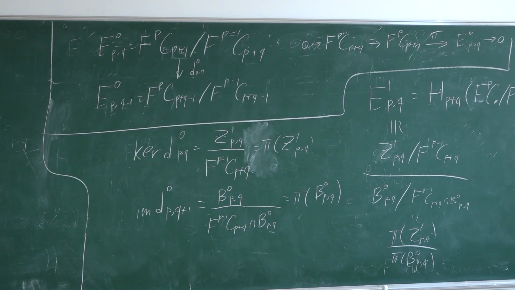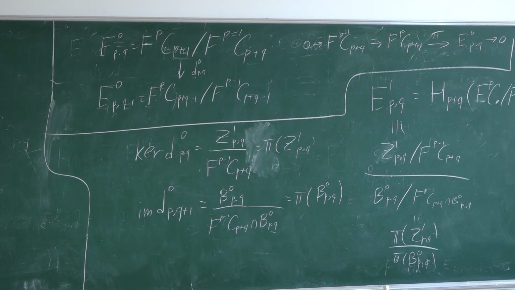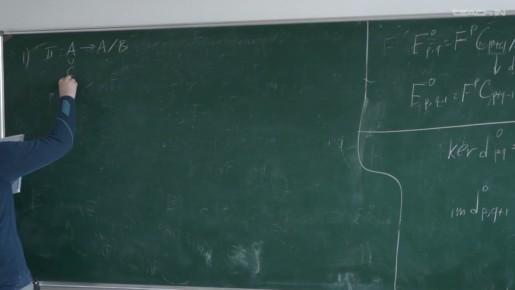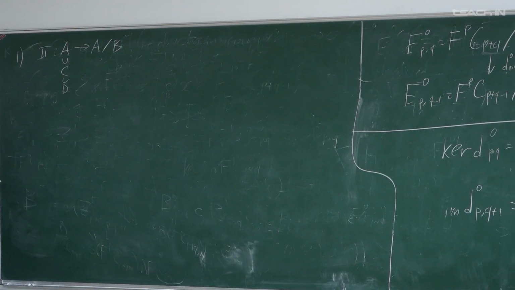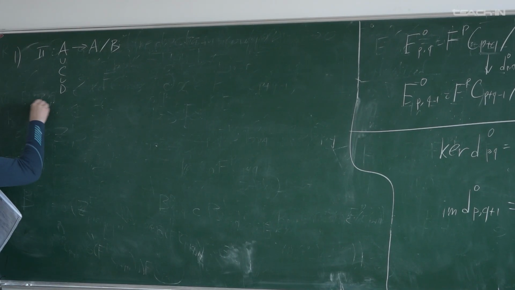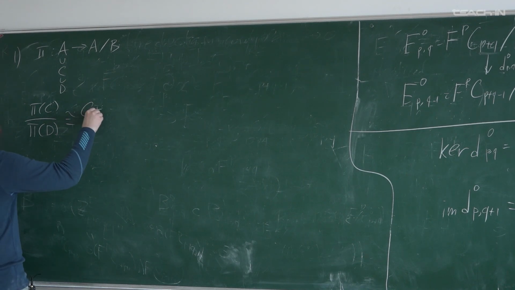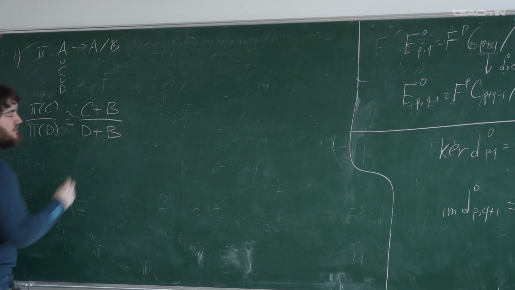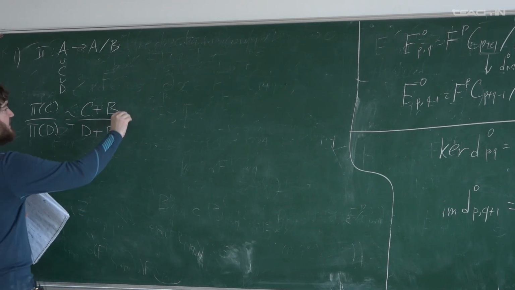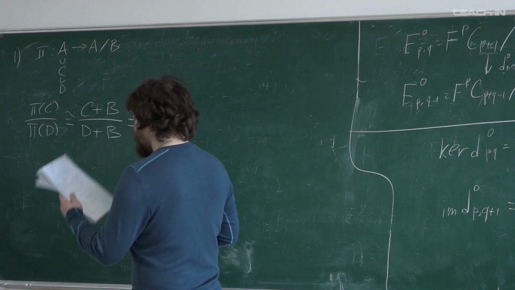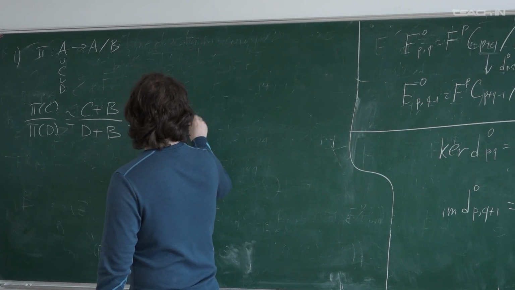If I have a projection onto a quotient by B, and 2 submodules C, D, then what is the quotient pi C modulo pi D? In the first exercise it's isomorphic to C plus B modulo D plus B. In the second exercise, it's isomorphic to C modulo D plus B intersected with C.